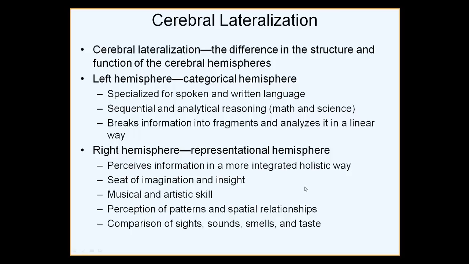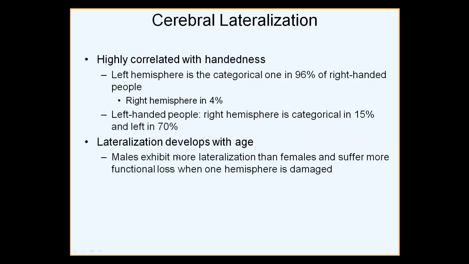But of course, this is what we think, and again, this is based on information we received from people who had damage to a certain area, tumor or infection or a bullet or something that damaged a certain area in the brain, and that resulted in us understanding a little bit more about the differences of the information that are handled between the right and the left.